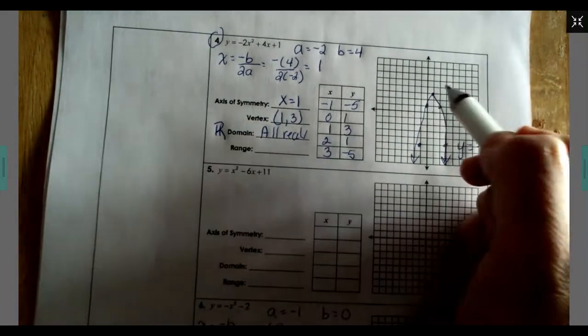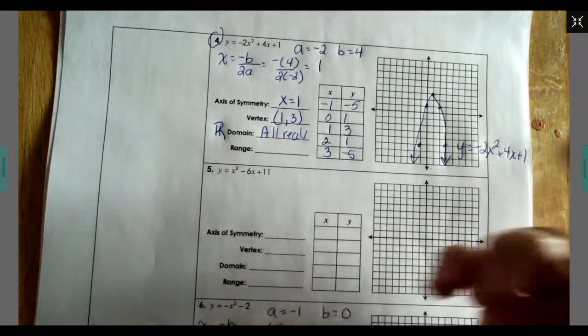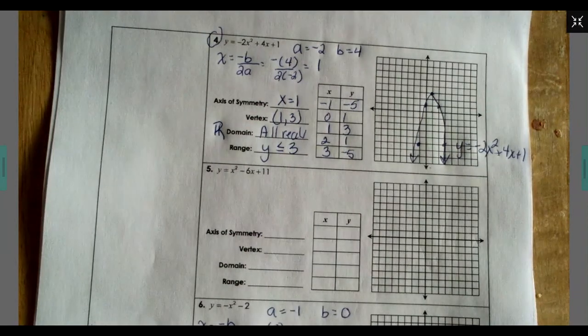And then the range: the highest y value is 3, and it goes down from there. So y is less than or equal to 3. So that is how we should be graphing for these questions.